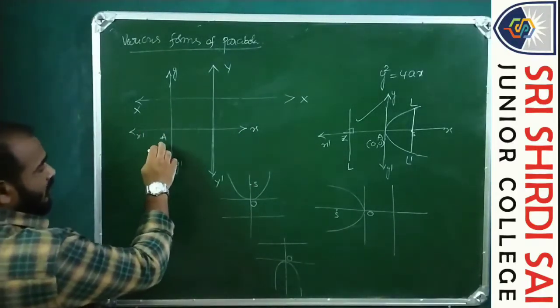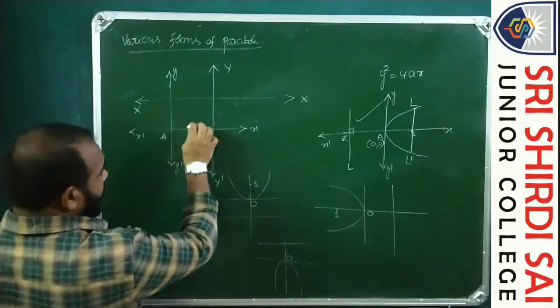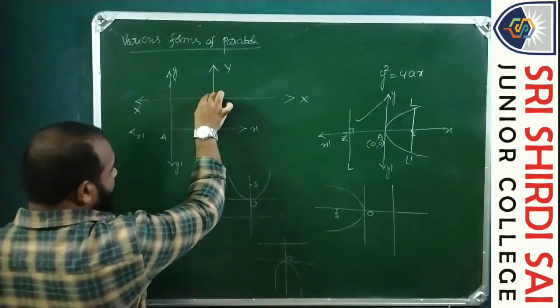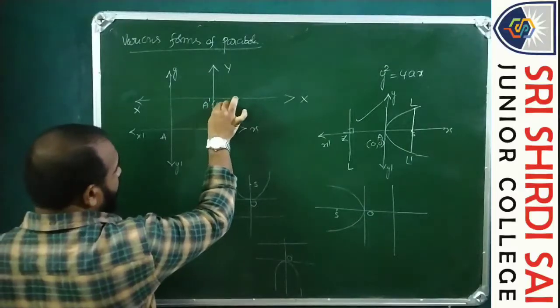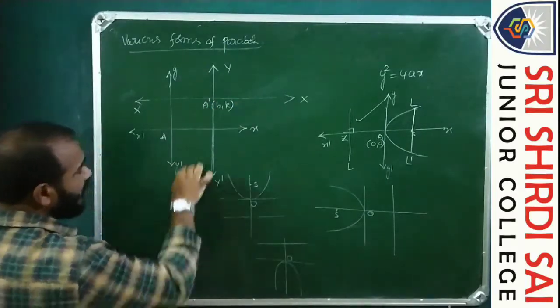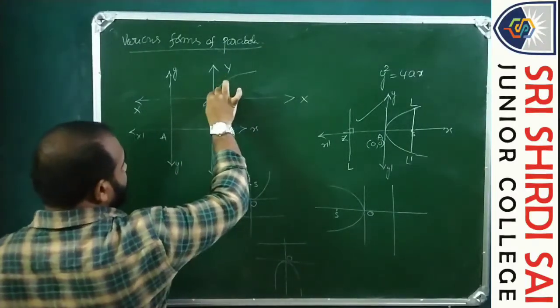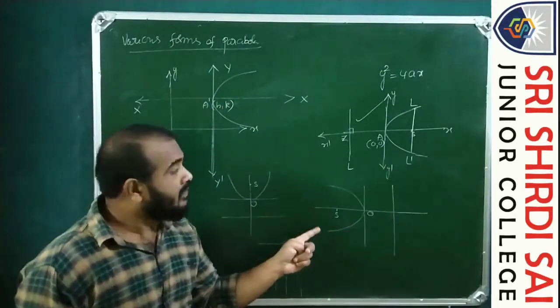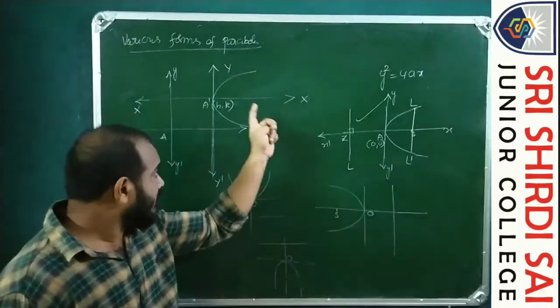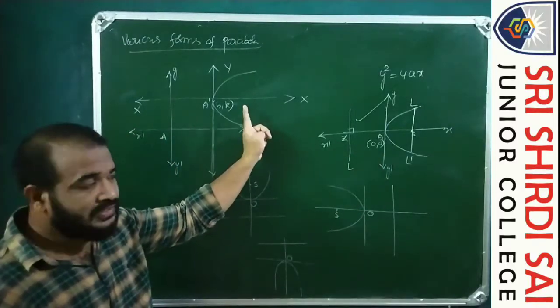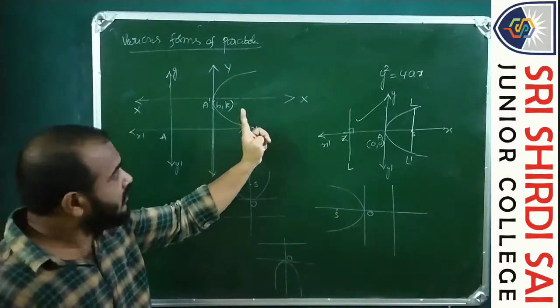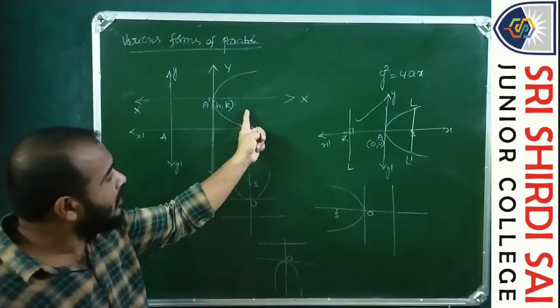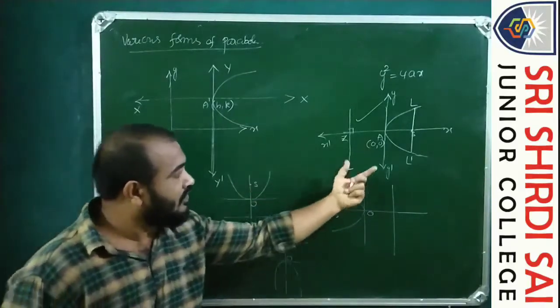So this is the origin, and this origin I shifted to some other point which is A dash, h comma k. Now the parabola is this. So the parabola may obtain this case also. This is the transformed version of this parabola.